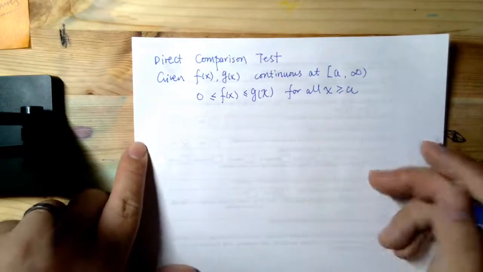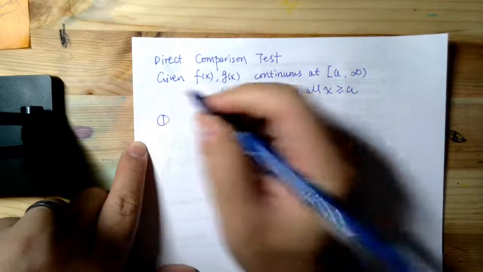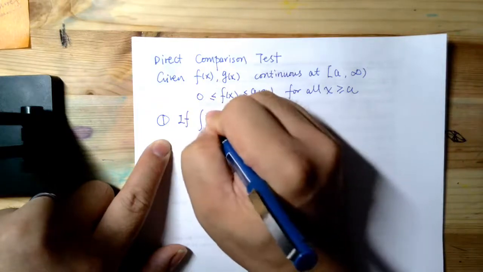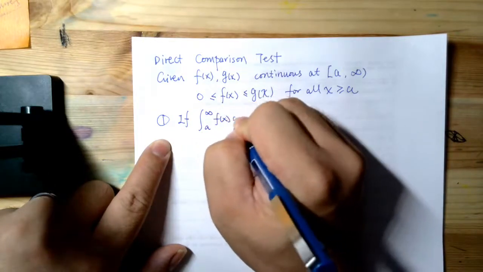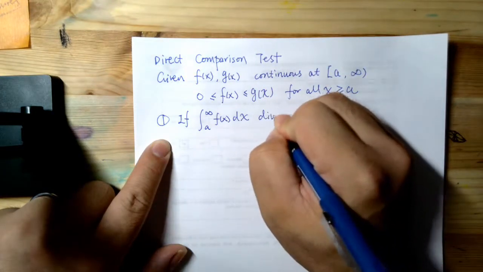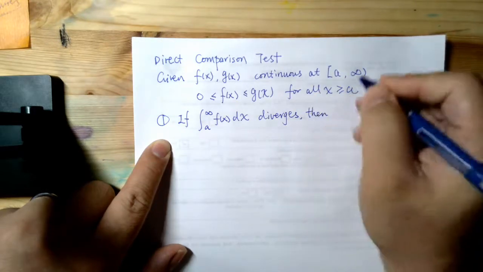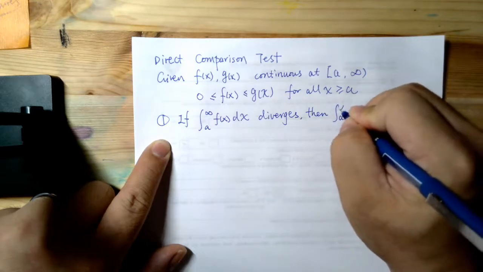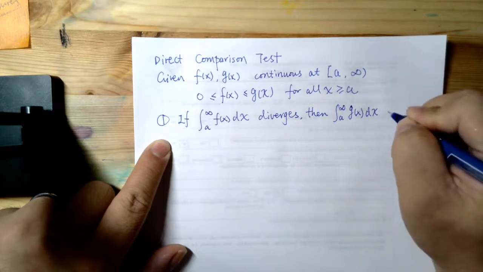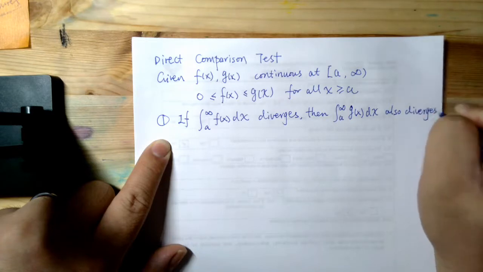Okay, so the direct comparison test says like this. First, if the integral from a to infinity of f(x) dx diverges, then the integral from a to infinity of g(x) dx also diverges.